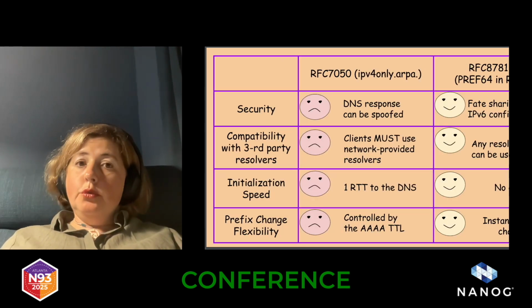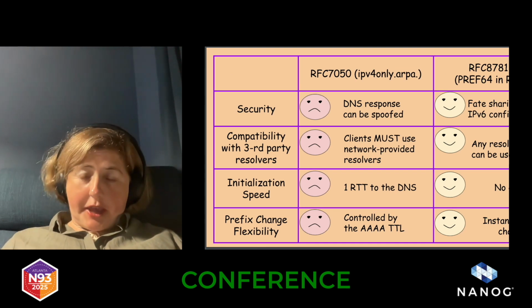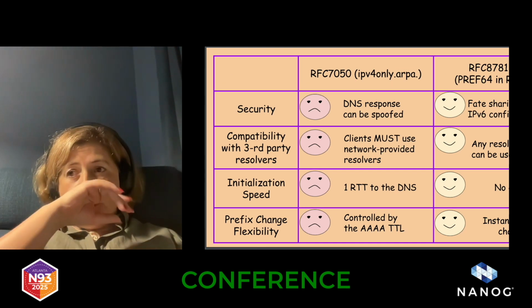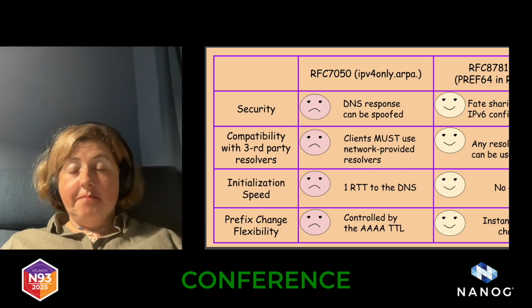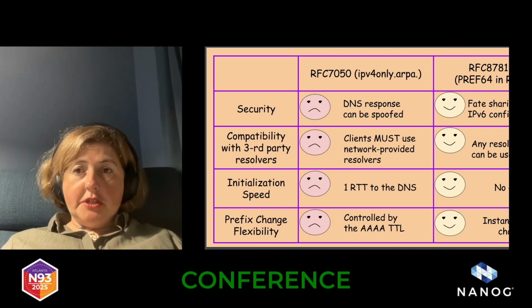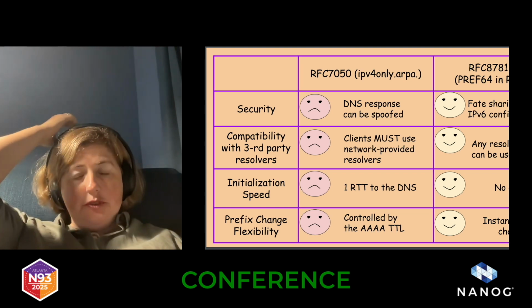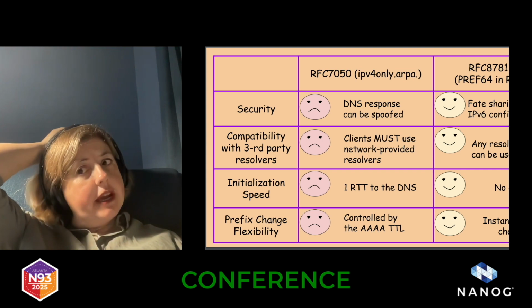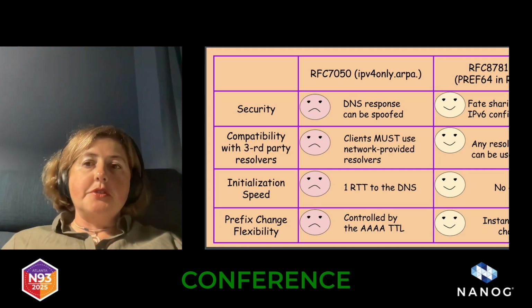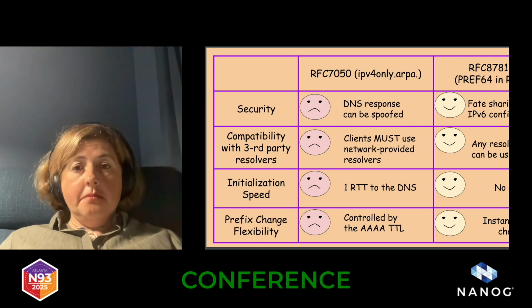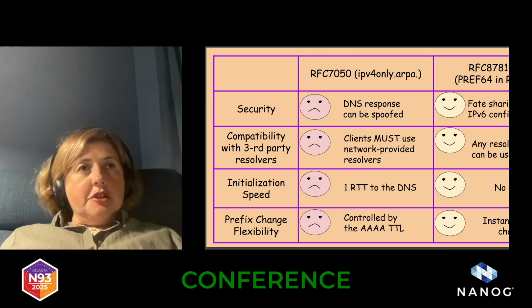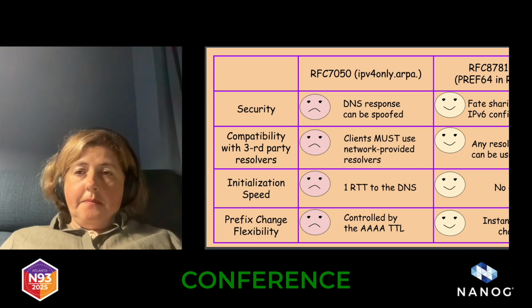Full disclaimer, I might be very much biased here because I was a co-author of 8781, but let's compare them. Let's compare two methods of discovering the NAT64 prefix: one is RFC 7050, by resolving a name, and the other is including PREF64 in router advertisements. So, security. A DNS response can be spoofed, and it's really hard to prevent.